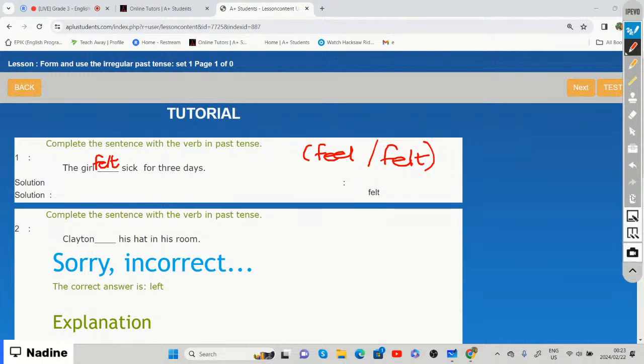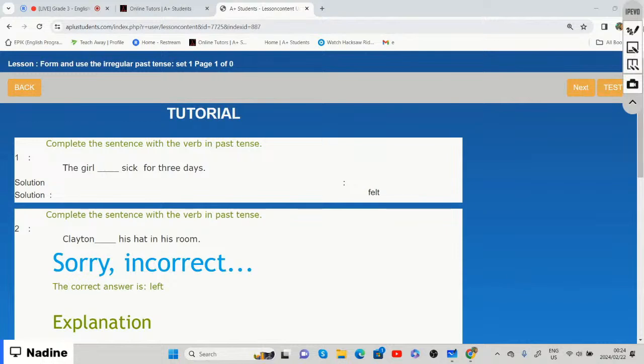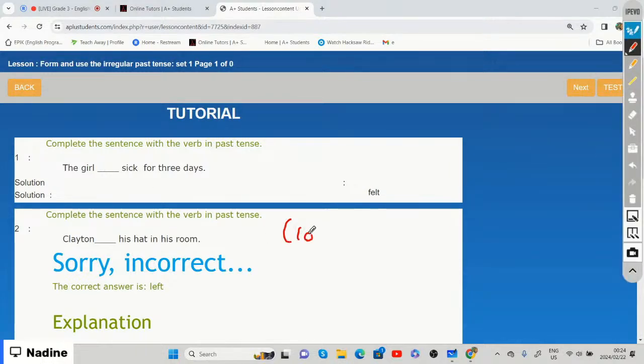So felt is correct. Clayton his hat in the room. Do we say Clayton lose or Clayton lost his hat in his room?